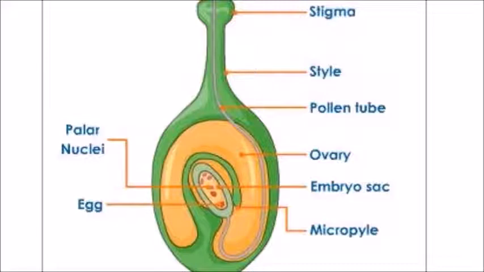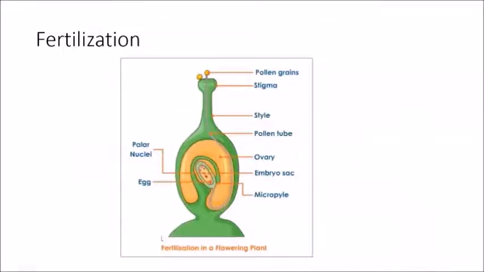So after the embryo would have been created, or more specifically, the zygote would have been created, the next step is that this ovule is now going to slowly develop into a seed.